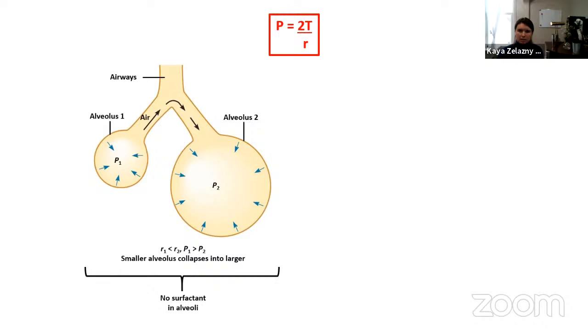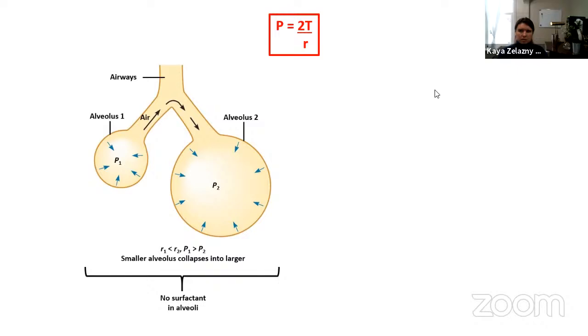So now I can use this equation at the top here. The pressure in the alveolus, like the P1, is equivalent to 2 times the tension divided by the radius. I just recopied that.